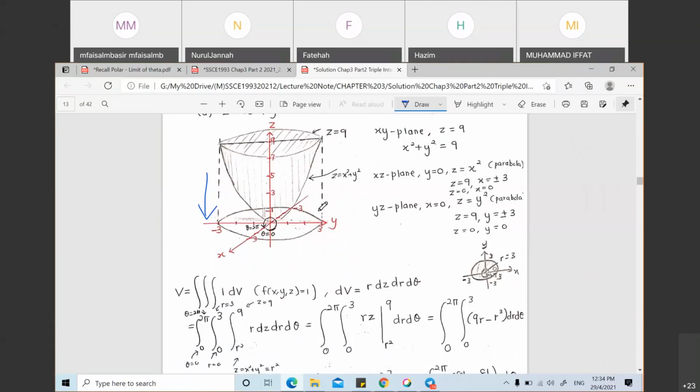So your z is eventually 0 to 9, your r is 0 to 3, and your angle is 0 to 2 pi. You have to take this projection because I know this part is dx dy actually.